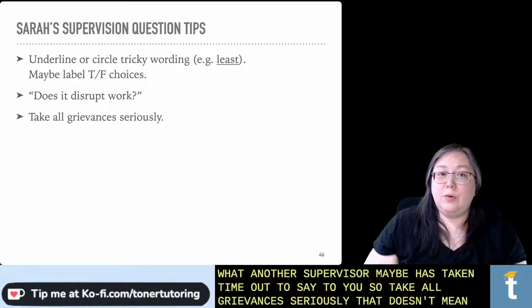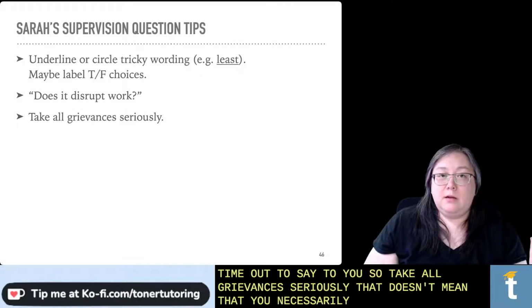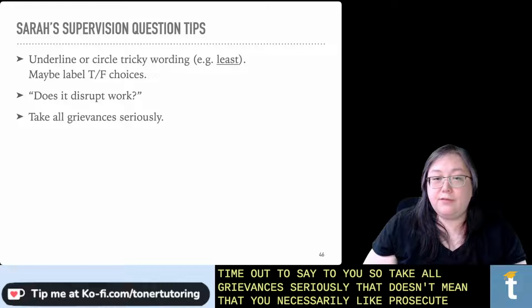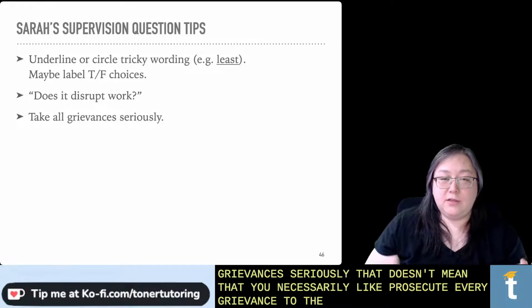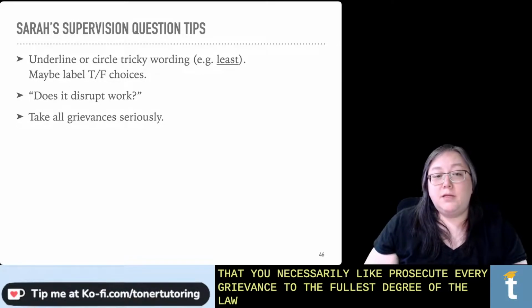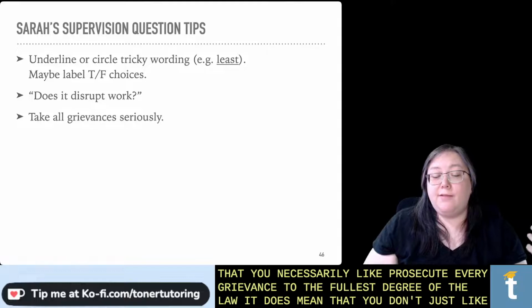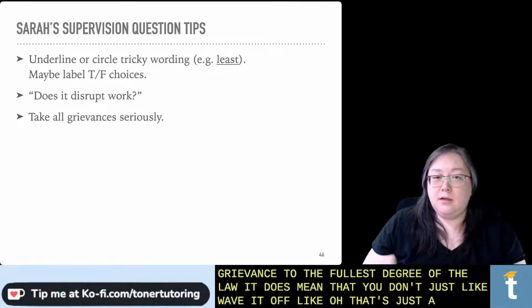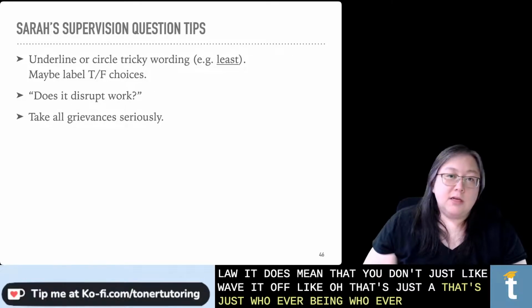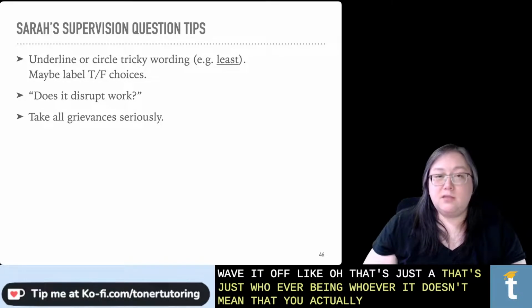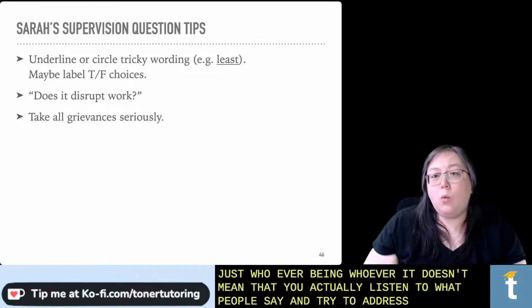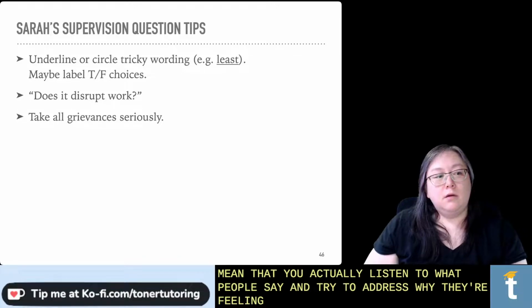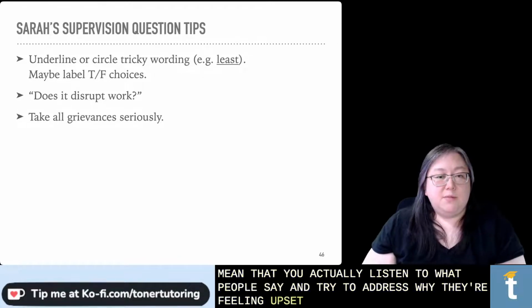That doesn't mean that you necessarily prosecute every grievance to the fullest degree of the law. It does mean that you don't just wave it off like, oh, that's just whoever being whoever. It does mean that you actually listen to what people say and try to address why they're feeling upset about something.